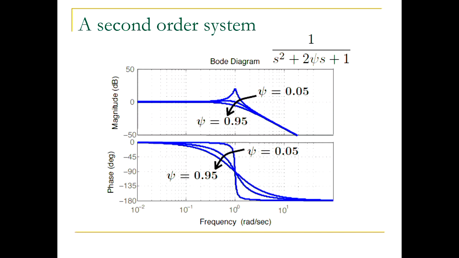Now, resonance, sometimes you can hear it in microphones and speakers. When you hear this very loud noise, basically the input frequency hits your natural frequency. There's a closed loop that causes very loud output. That's the same phenomenon.